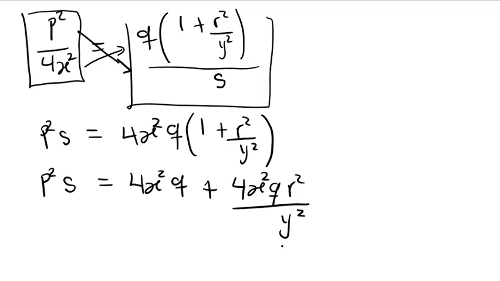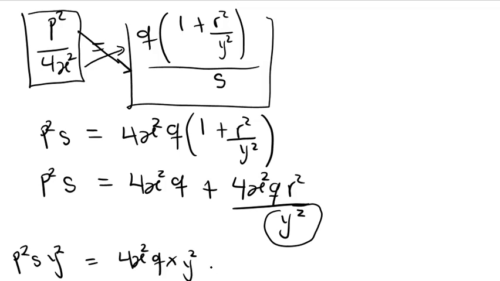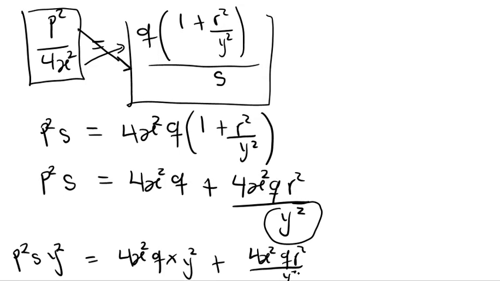We can move on with the simplification. We have just one fraction here, and the denominator is y squared. So we can take that as our LCM, and then we multiply each term by this LCM. In that case, we will be having p squared s y squared being equal to 4x squared q times the y squared, plus the 4x squared q r squared all over y squared times the y squared.